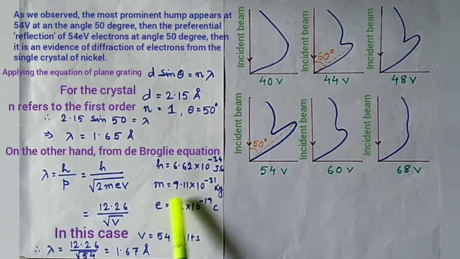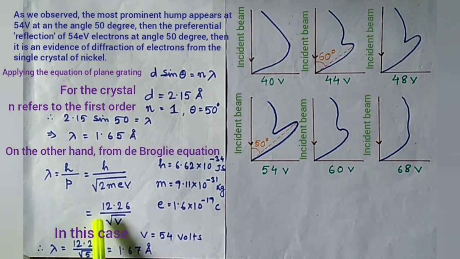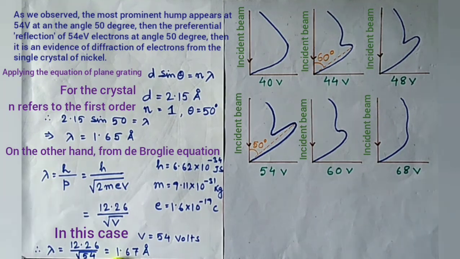Putting all these values in this equation, we have lambda equals 12.26 by root over V. V is the applied voltage or the accelerating voltage. In this case, V equals 54 volts. So we have lambda equal to 12.26 by root over 54, and that is equal to 1.67 angstrom.